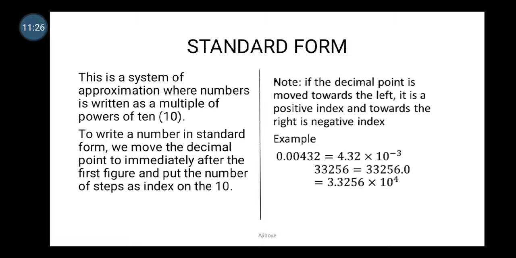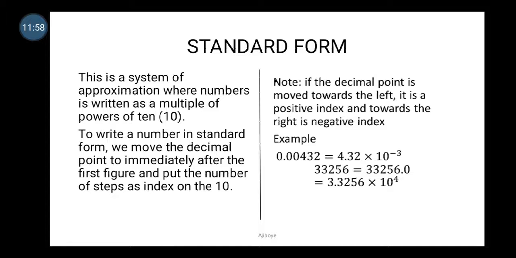Standard form. Okay, before the example, let's look at standard form. This is a system of approximation where a number is written as a multiple of powers of 10. To write a number in standard form, we move the decimal point to immediately after the first figure and put the number of steps as the index on the 10. Note, if the decimal point is moved towards the left, it is going to be a positive index.